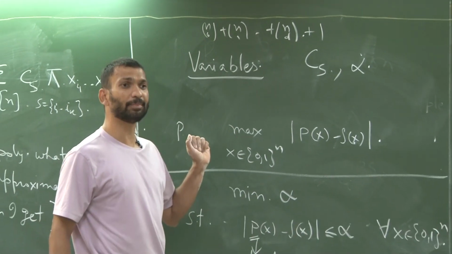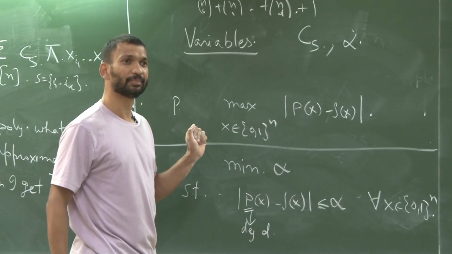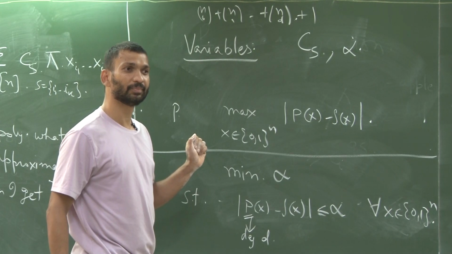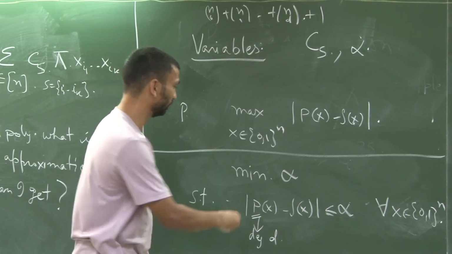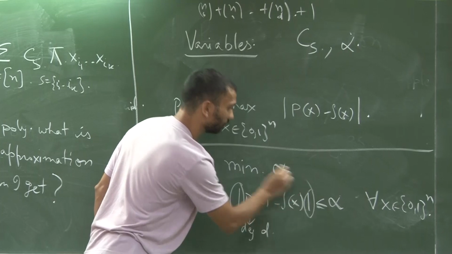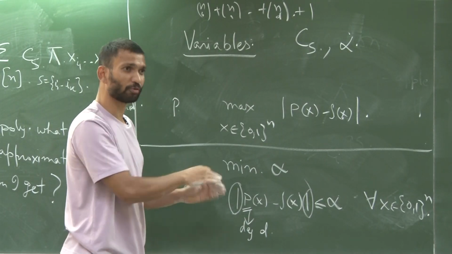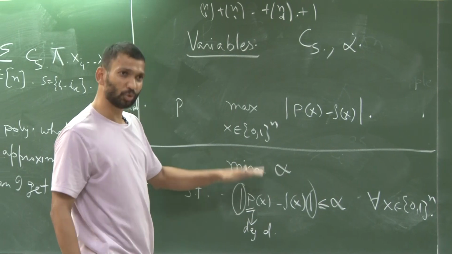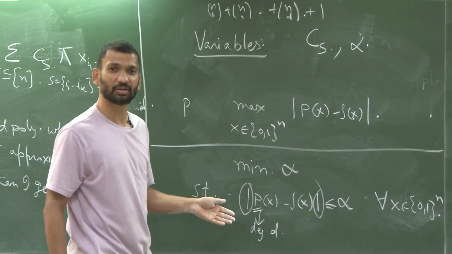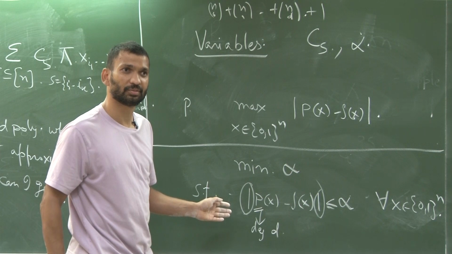Is this a linear program? Not yet, because of absolute values. But I am sure all of you can convert it into two constraints, both of which are linear.